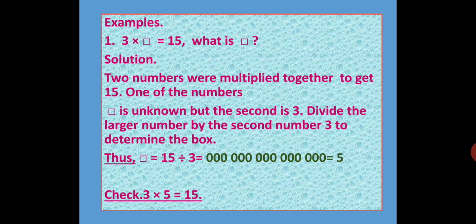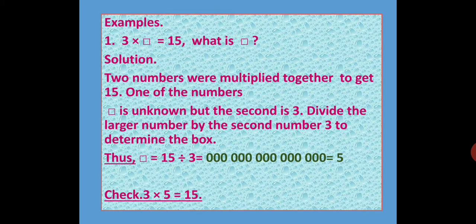Let's go ahead. 1, 2, 3, 4, 5, 6, 7, 8, 9, 10, 11, 12, 13, 14, 15. So our zeros are actually 15.